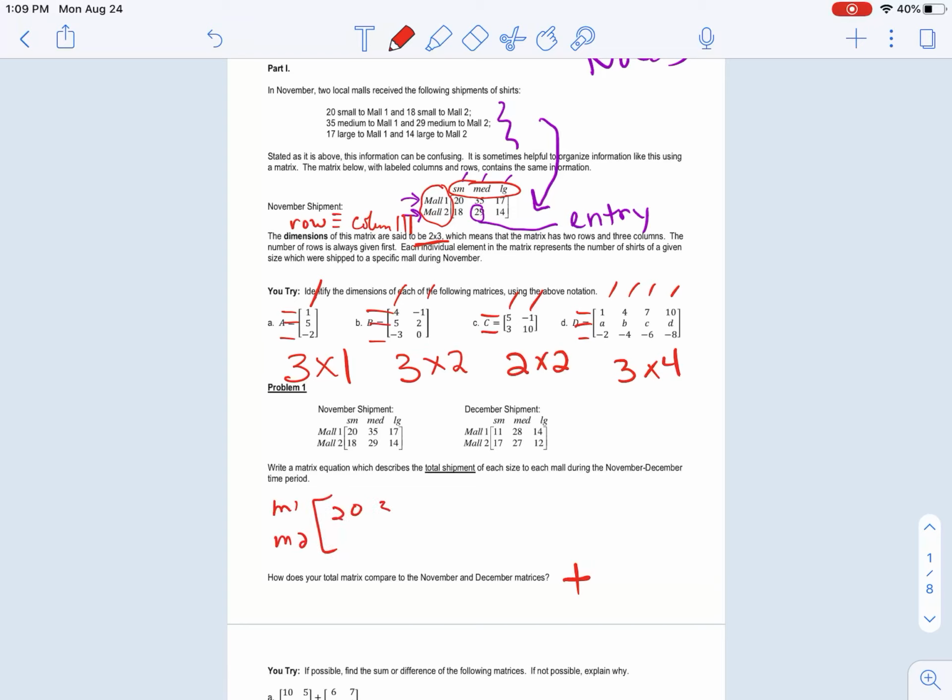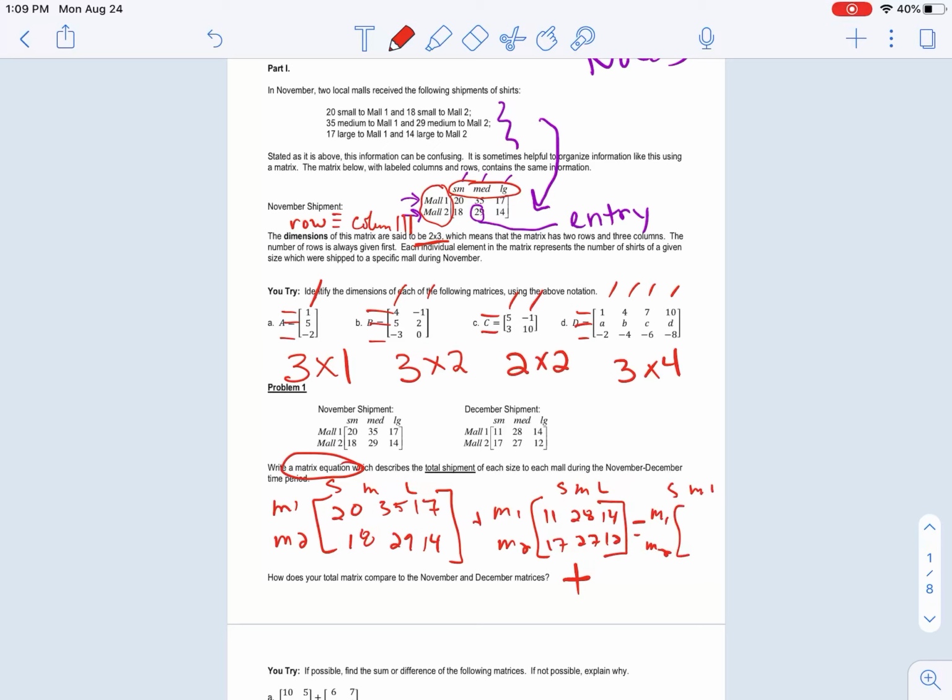We have 20, 35, 17, 18, 29, 14, and small, medium, large, plus Mall 1, Mall 2 for December. And we have small, medium, and large. We have 11, 28, 14, 17, 27, 12. And since it said an equation, what it wants you to do is add them all up. So Mall 1, Mall 2, how many total small, medium, and large did they have for November and December?